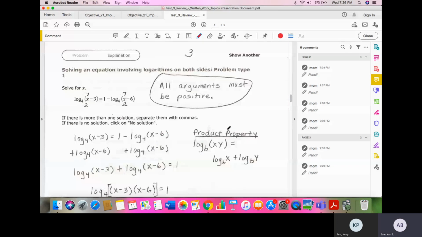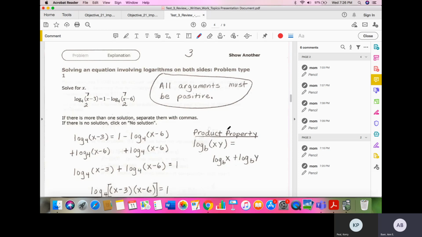So let's take a look at solving an equation involving logarithms on both sides, problem type 1. The very first concept I want to mention is it's really vital that you check whatever you get for your possible solutions to make sure all arguments are positive.